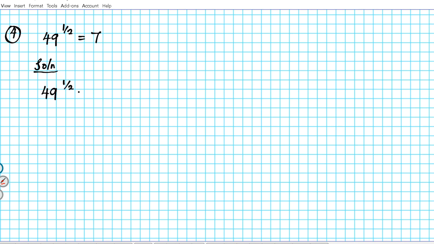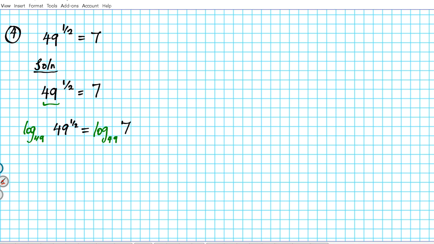So we just have to identify what the base of the exponent is. The base of the exponent is 49. So we're going to take log base 49 of both sides of the equation. So log base 49 of 49 raised to the 1/2 is equal to log base 49 of 7.